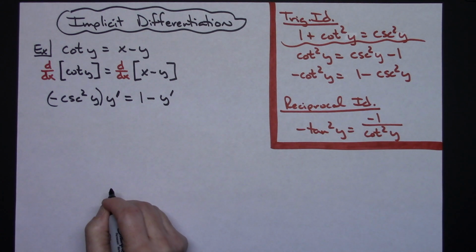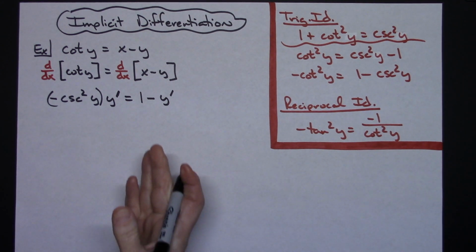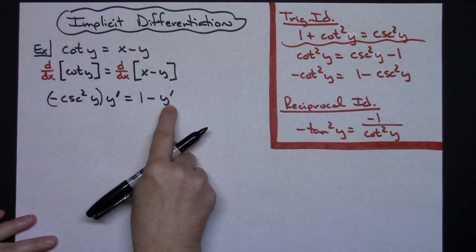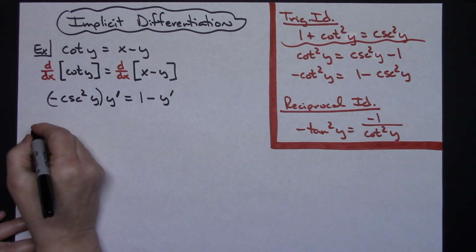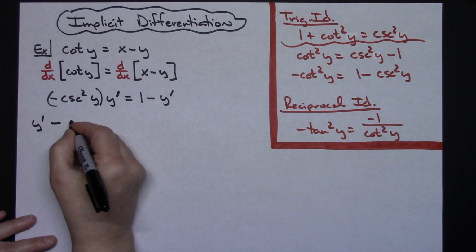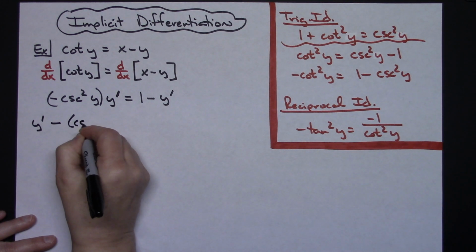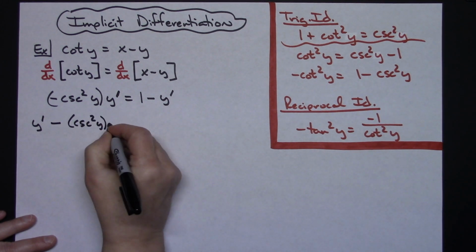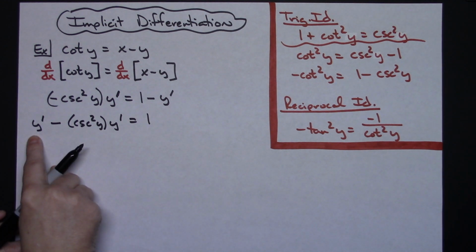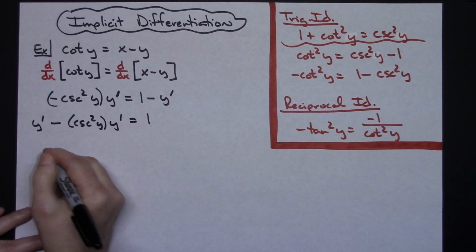Now at this point, I do need to have my y primes all on the same side of the equation because ultimately I'm going to solve for y prime. So I'm going to add y prime to both sides of the equation. So I'm going to have y prime minus cosecant squared y times y prime, equal to 1. Now I've set this up so that I can factor out my y prime.